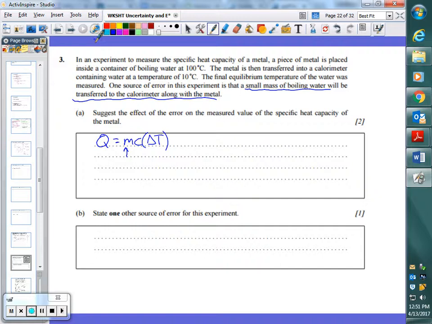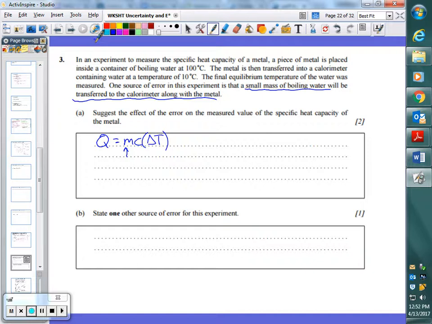So now, what actually is happening to this mass value? It's not going way up. It's going up a little bit, because all we're talking about here is the water that is stuck to the piece of metal when you put it in. So we're not talking about a lot.